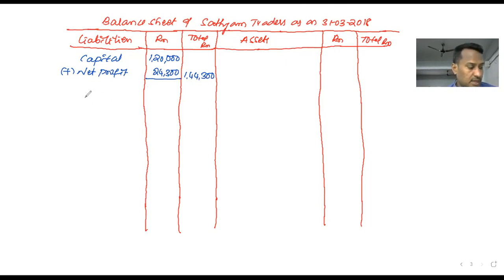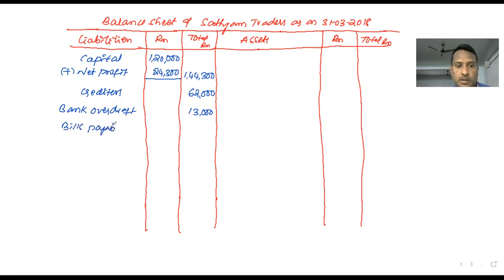Then next, creditors is a liability, 62,000. Next, bank overdraft, 13,000. Bills payable is also a liability, 40,000. And one more liability is in the adjustments.